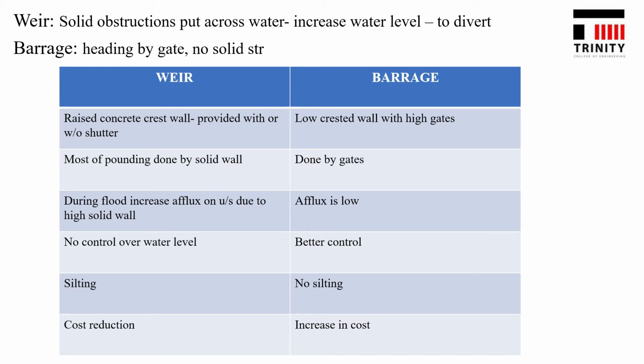In a barrage, the heading up of water is effected by gates. It is put across a river without a solid structure, that is, no solid structure is provided. During flood, gates are raised to clear off the high flood level so that it passes downstream with minimum effects. On flood reduction, gates are lowered.